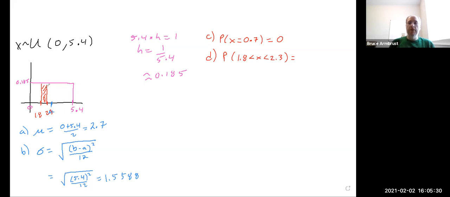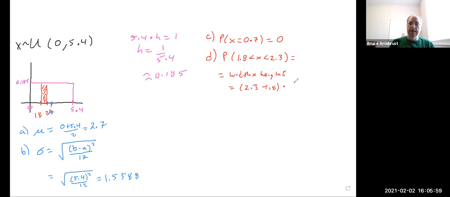All right, well, for uniform, these are nice because they're rectangles. And rectangles, we know how to get their areas. Their width times their height. The width is going to be 2.3 minus 1.8 because those are our values here.